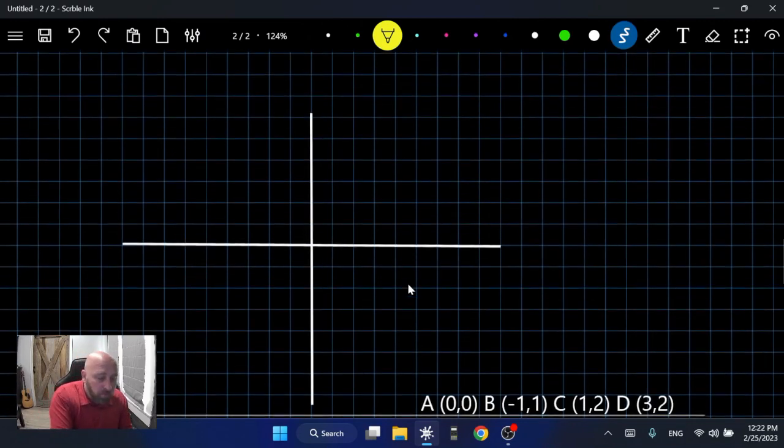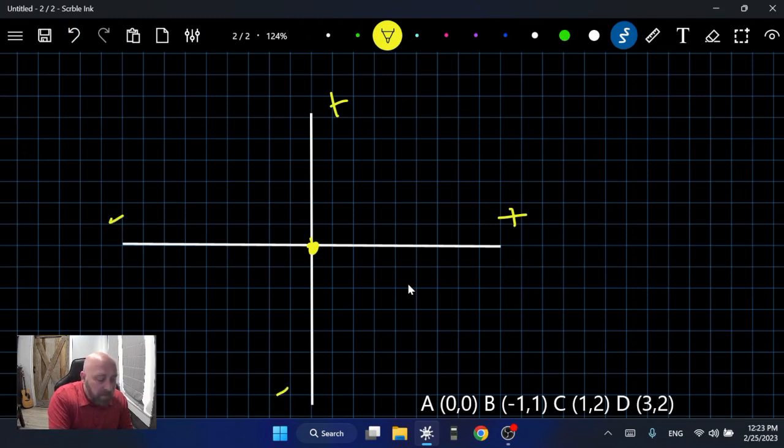So our first point is going to be 0, 0. That's an easy one, right here at the origin. And then B is negative 1, 1. So we're going to go negative 1 and then positive 1. Let's review this. Make sure you remember this is positive and this is positive. If we're going up or right, those are both positive.